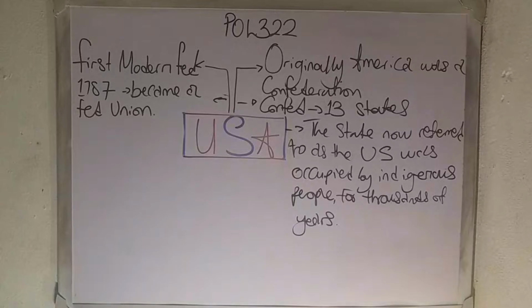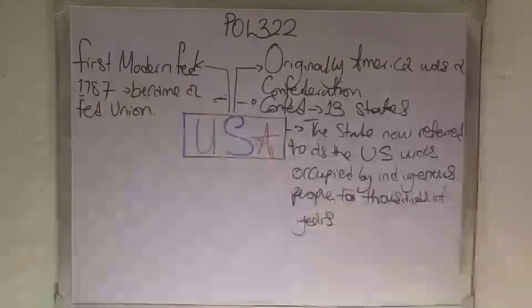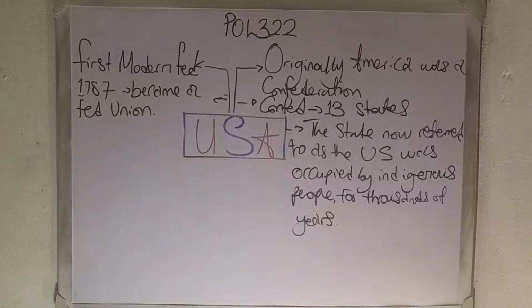And by the 1770s, they experienced 13 British colonies. Now there have been changes, and we now have colonies containing 2.5 million people.